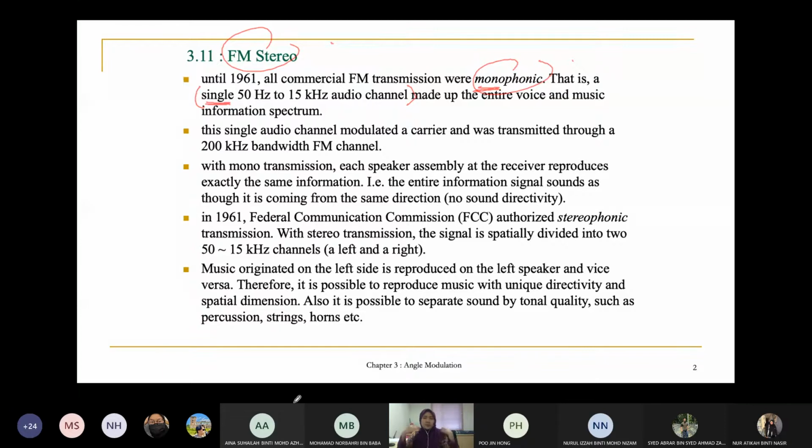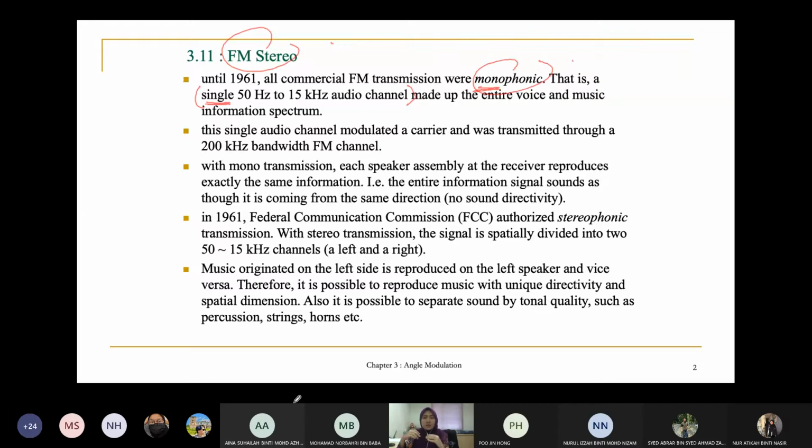So what does monophonic actually mean? In mono transmission, you know that for a radio you have two speakers, a left speaker and a right speaker. For monophonic transmission, each speaker, the left and right, produces exactly the same information, the same sound signal.